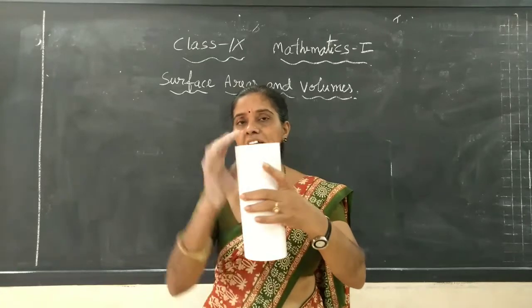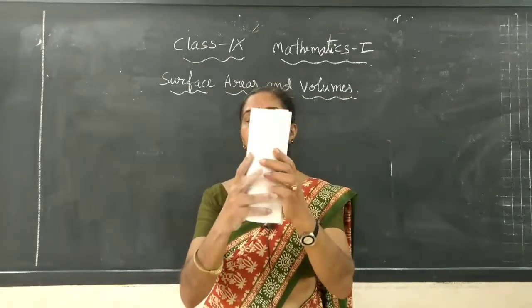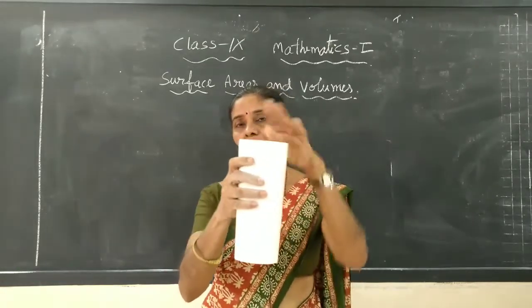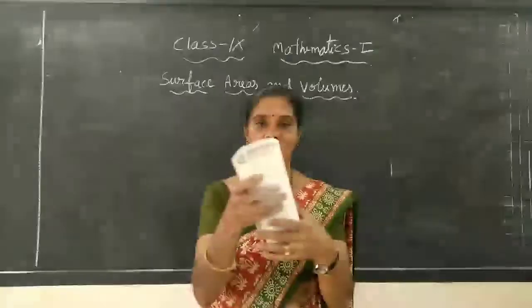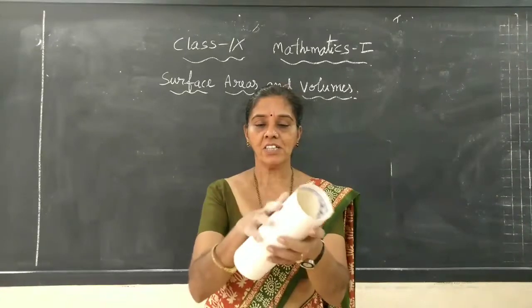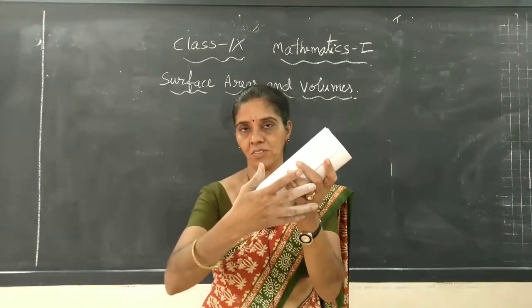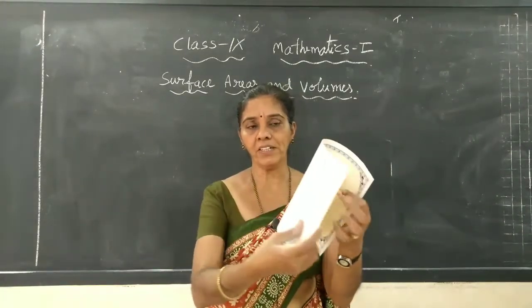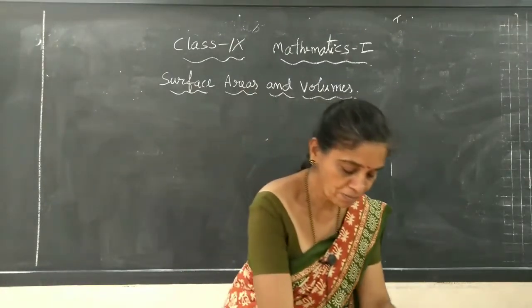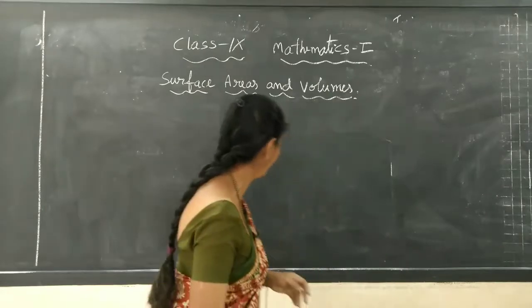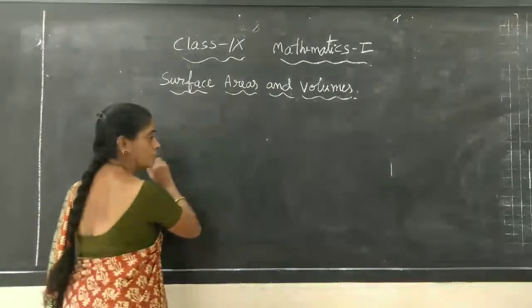Because I want only the curved surface now, what is the area of this particular part? I am not considering the bases. It is hollow, I just want the area of this much place. Now, before I cut it open, I should tell some terms related to the cylinder.